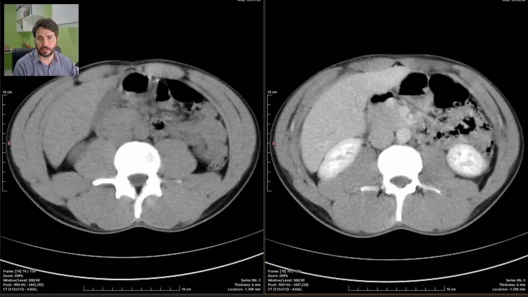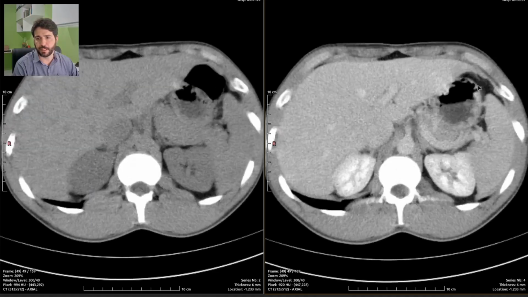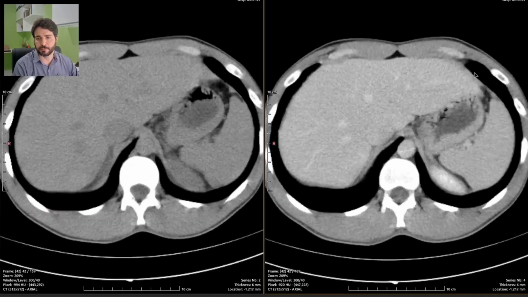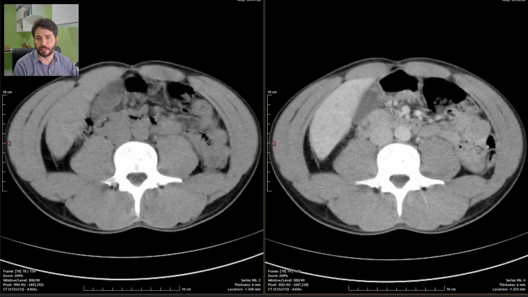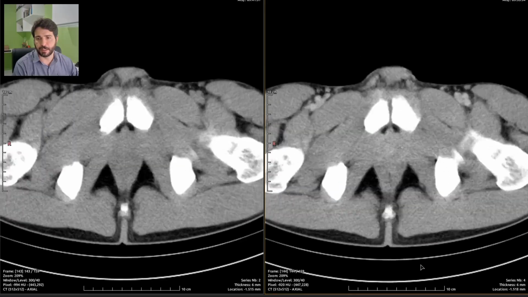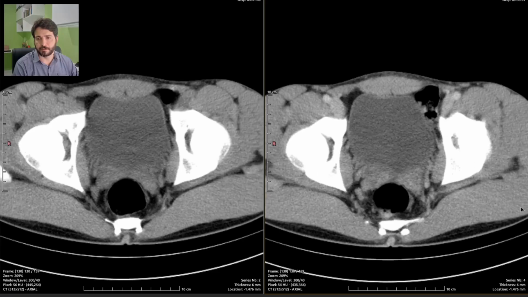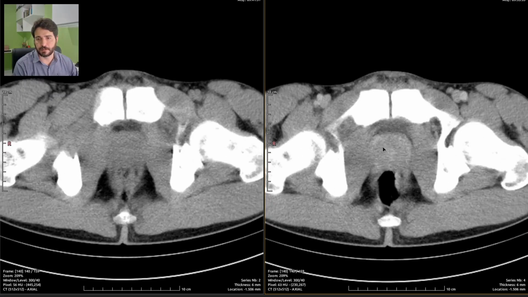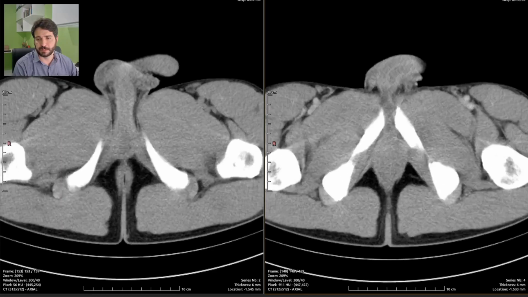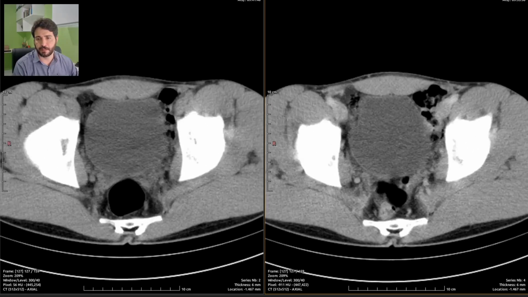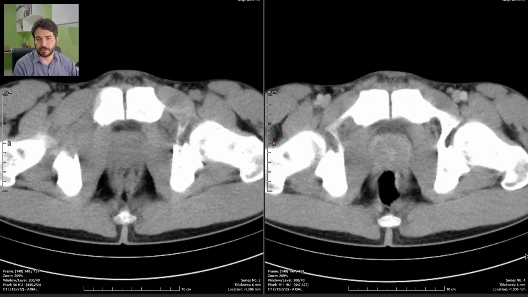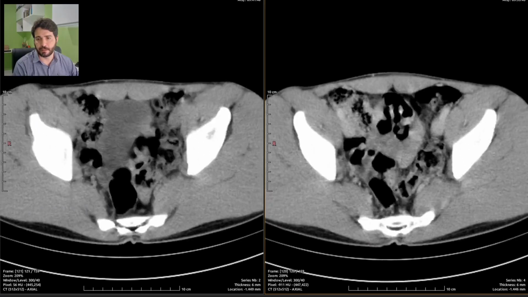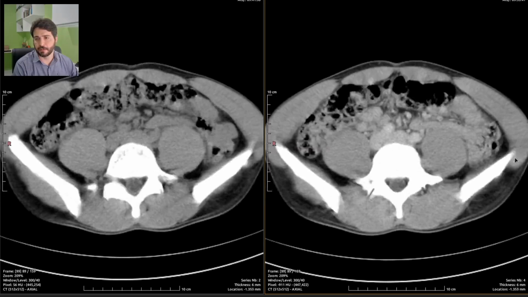Spleen is okay. Pancreas is fine. Great vessels and portal vein are fine. The urinary bladder is normally distended. The prostate and the seminal glands are fine. Rectum and anal region are fine.